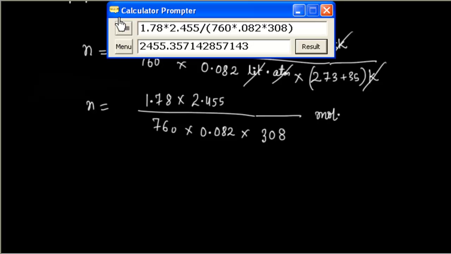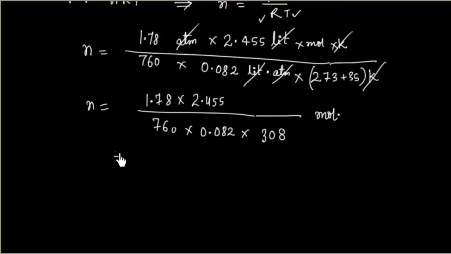So we have a very small value, that is 0.000227, that is 2.27 into 10 to the power minus 4. So we will have 2.27 into 10 to the power minus 4 mole.